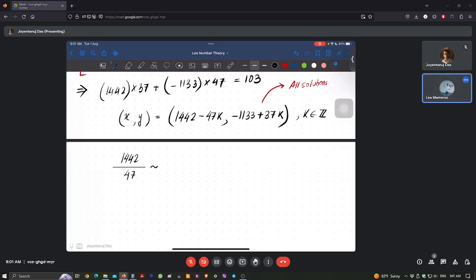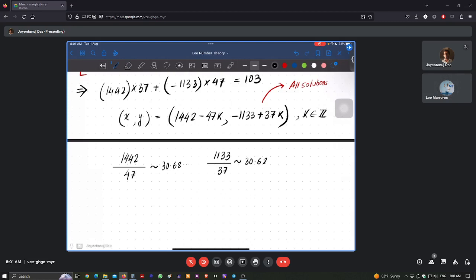It is 30 point something, 68, right? And 1133 divided by 37 is also 30.62 something, right? So if I take k equals 30, then what happens?